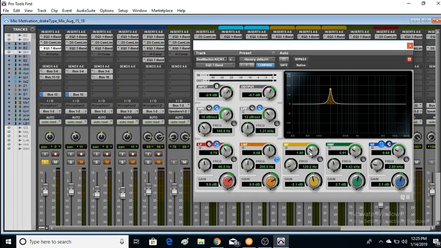And then lastly, Q for the quantity of frequencies we'll be working in, frequency itself to target the main frequency that you'll be attacking, and the gain, which allows you to boost and or cut in particular areas. So you see right here, I'm cutting 16.5 on my chart. I'm almost around 20.